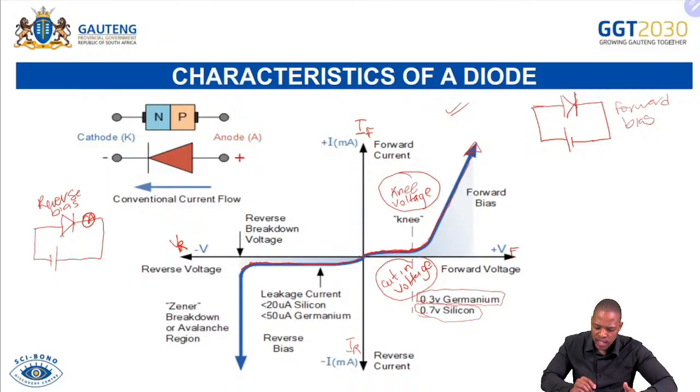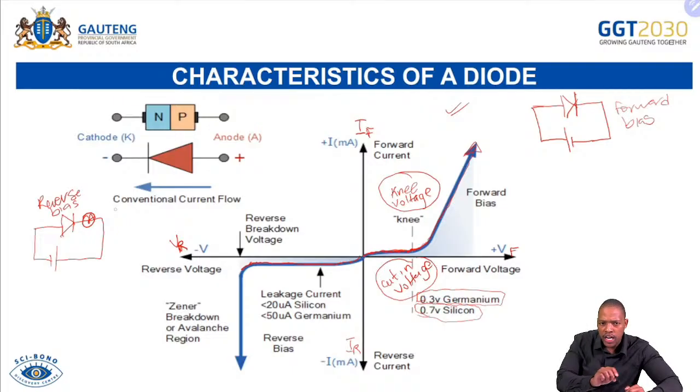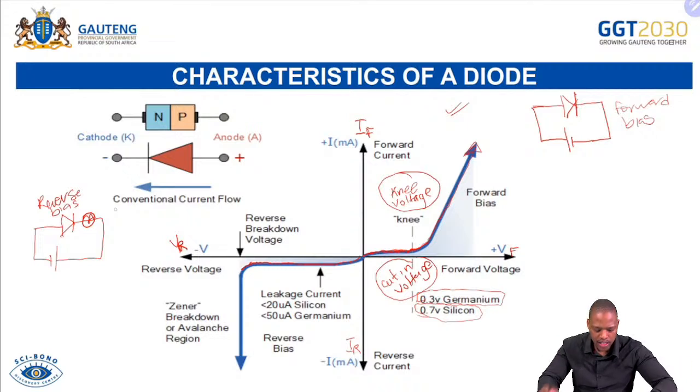If you remember, in a reverse bias diode, because of how the battery is connected, the depletion region will increase. So there are electrons that are moving across, but they are getting stuck. Not all of them are moving across, so the depletion region increases. That small current, with just a small movement of electrons, we call the leakage current.